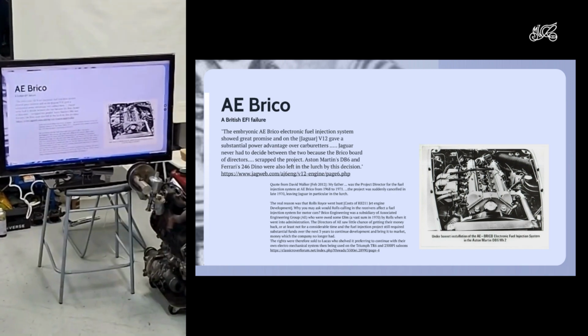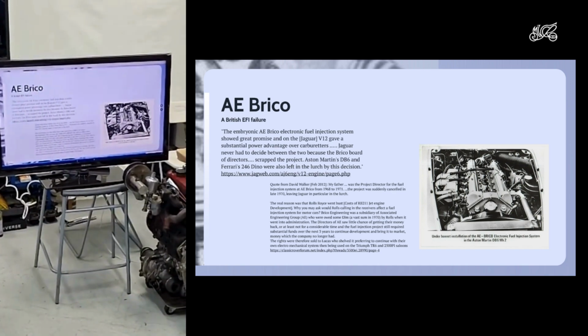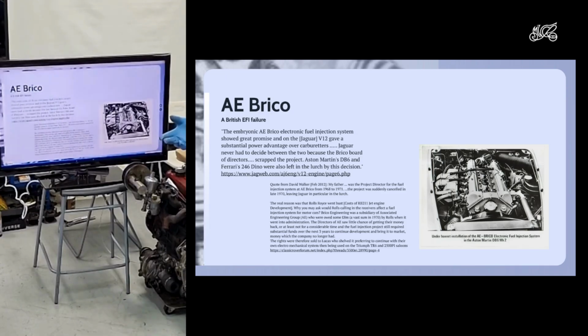And very late in the development of the Jag V12, this company pulled out, went broke. There's some story there about Rolls-Royce went broke because of the development of the jet engine, the RB211. Remember, Rolls-Royce split, the automotive and the aerospace split. So they were owed money by Rolls-Royce. So when Rolls-Royce went bust, they ran out of money, and so they gave up.